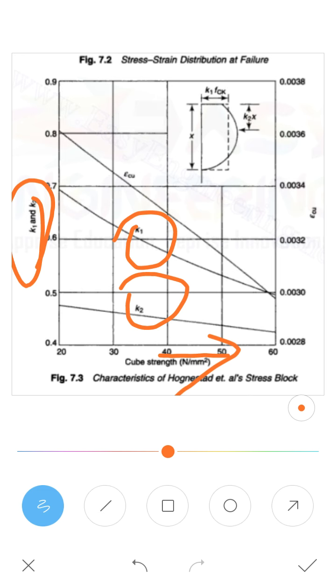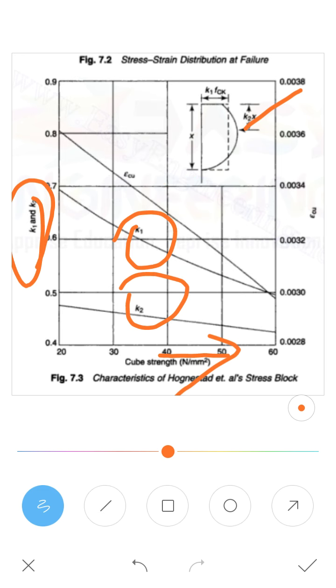This is the idealization: the parabolic portion has been made into a straight line. The extra portion is cut and pasted here, so that it will be approximately equivalent to the rectangular section.